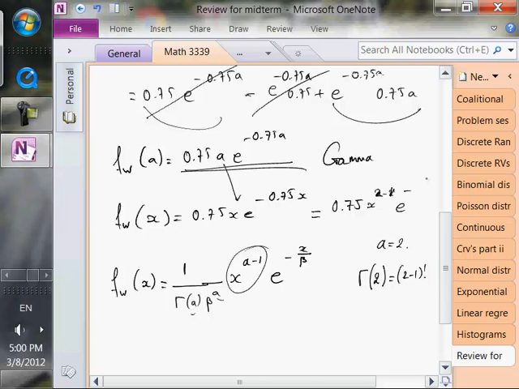E to the negative, you have to put x divided by 1 over 0.75. So that's your beta, 1 over 0.75, which is 4/3.